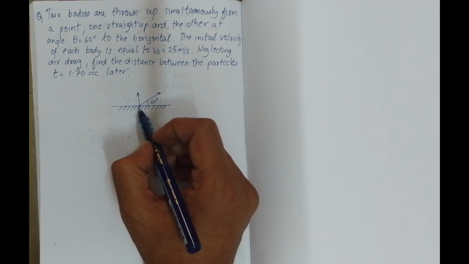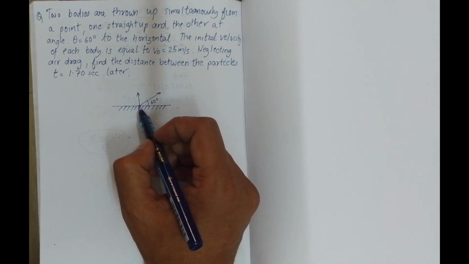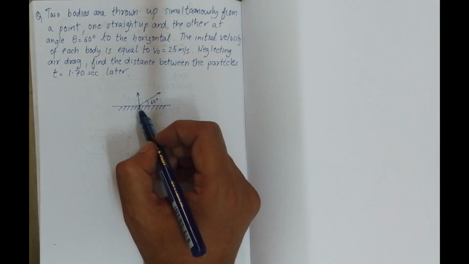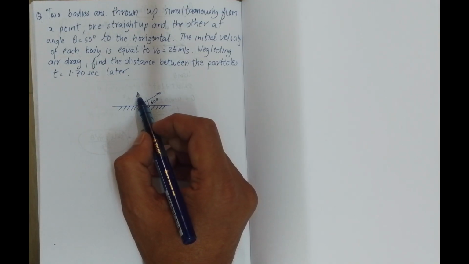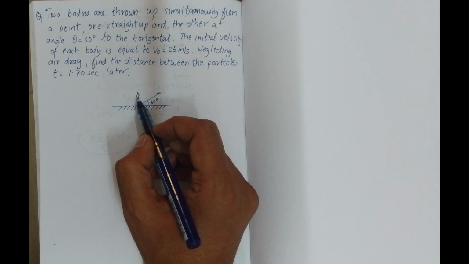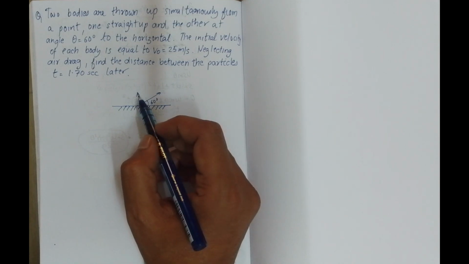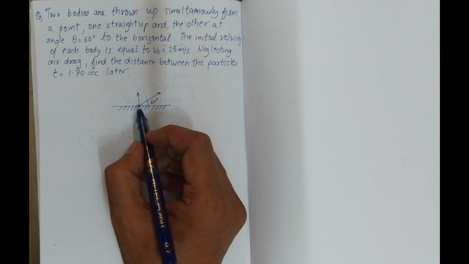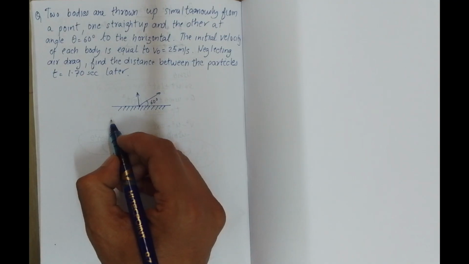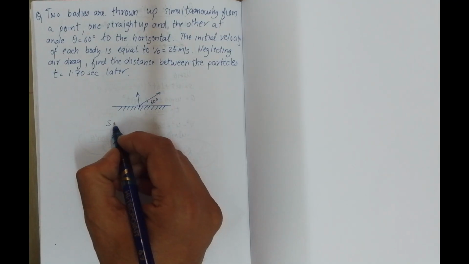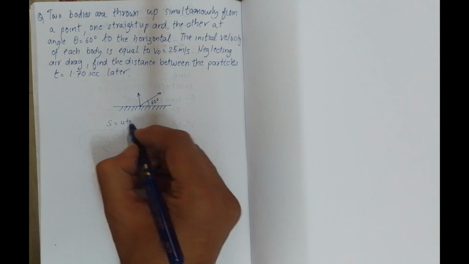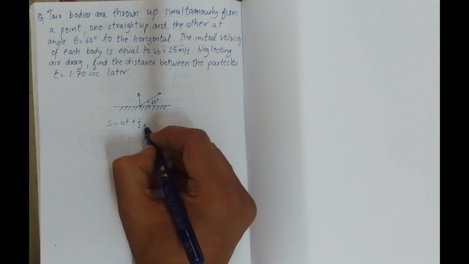We will be calculating the x and y coordinates with respect to this point. Now, say the particle 1 has been thrown vertically upwards with a certain velocity. If we calculate the displacement for this particle, this will be equal to ut plus half at square.